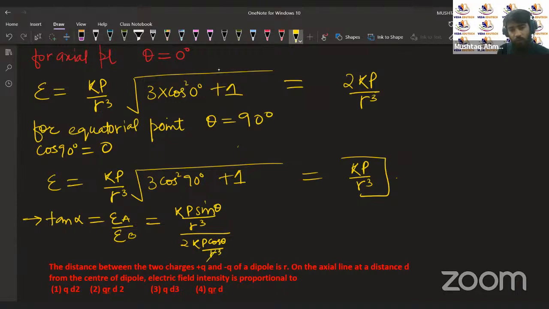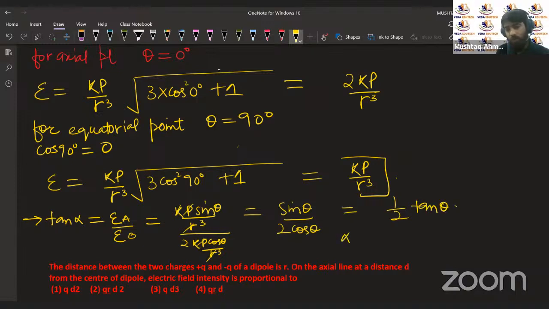This R cube will get cancelled, and Kp will get cancelled, so we will be left with sin theta over 2 cos theta, right? So sin theta over cos theta is tan theta, so you can write it as half of tan theta.